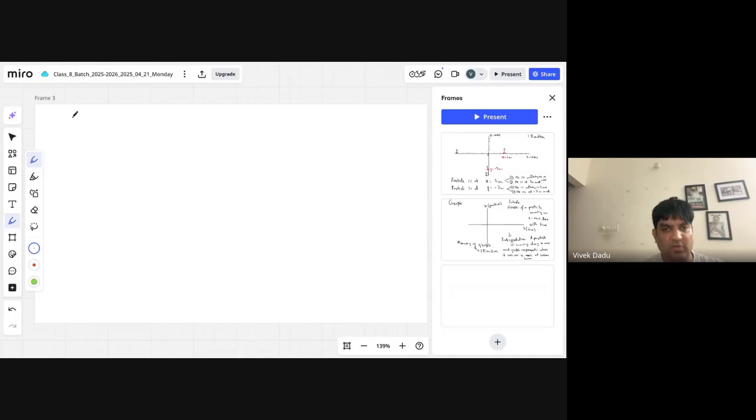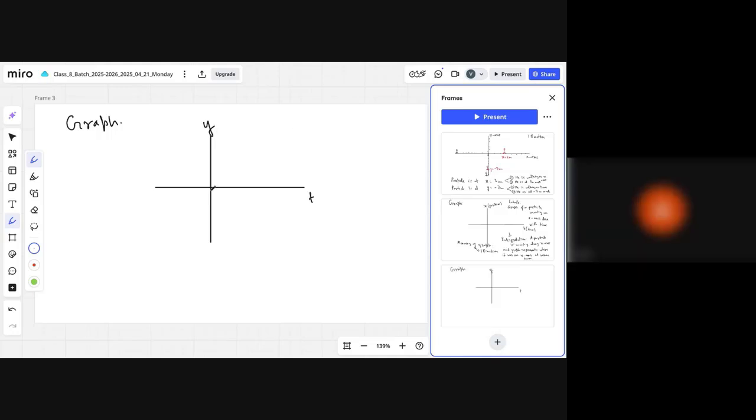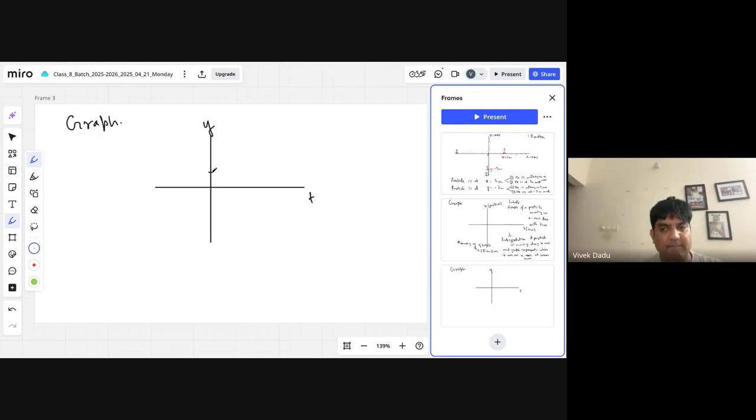So now this is the graph. I am plotting this time. What does this represent? Particle is moving along which axis? Y-axis. And let's say now I give a plot. Here it's 1 meter. Here it's -2 meter.